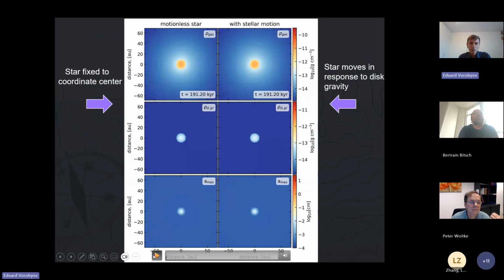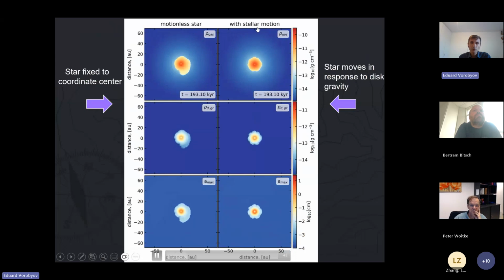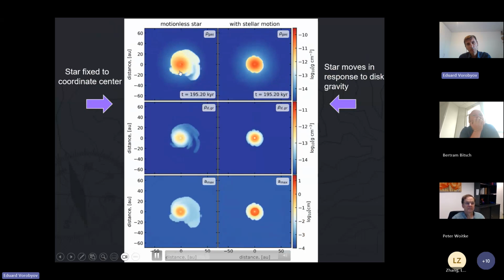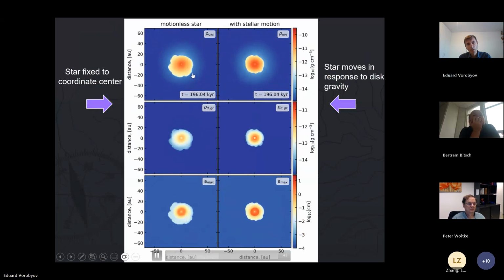This is an animation I show you of the disk formation. Here is the motionless star, and this column is with stellar motion. It's an absolutely identical initial setup. And you see that if we have a motionless star, then the disk develops a strong one-arm spiral time after time.